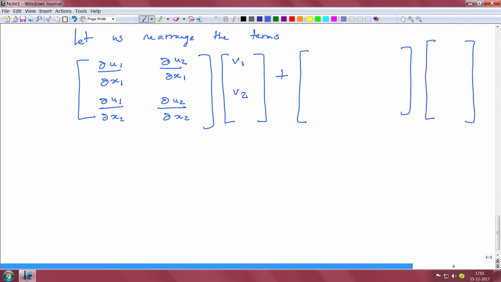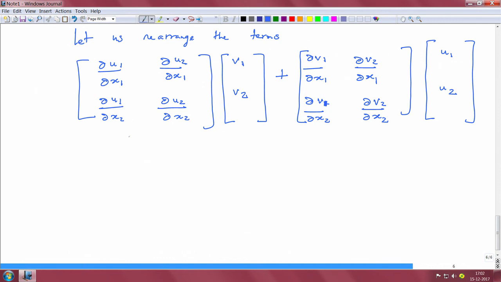As you can similarly imagine, this is going to be the vector u, comprised of u1 and u2, and you can think of ∂v1 upon ∂x1, ∂v2 upon ∂x1, ∂v1 upon ∂x2, and ∂v2 upon ∂x2.